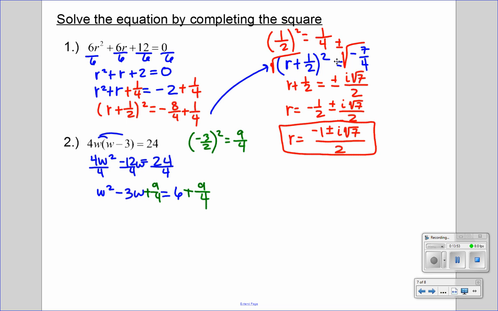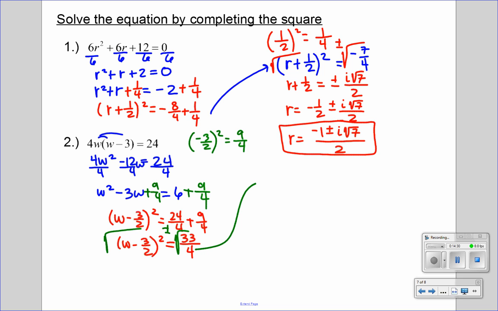Okay. So we're going to rewrite this as w minus 3/2 squared equals 24/4 plus 9/4. So now we have w minus 3/2 squared equals 33/4. Okay. Now what we can do is square root both sides. Plus or minus.